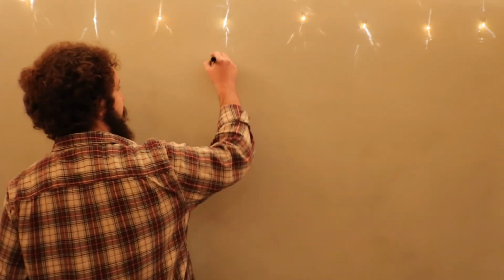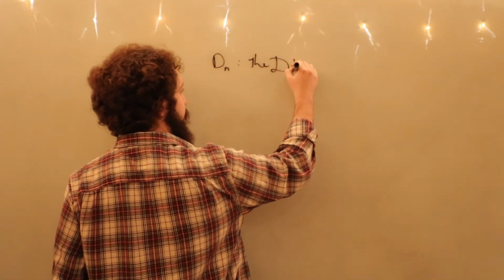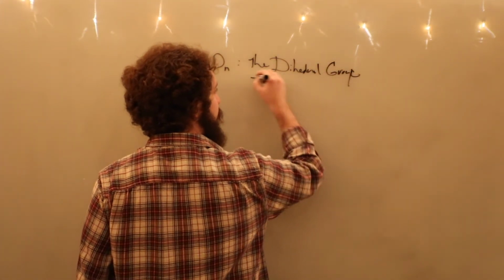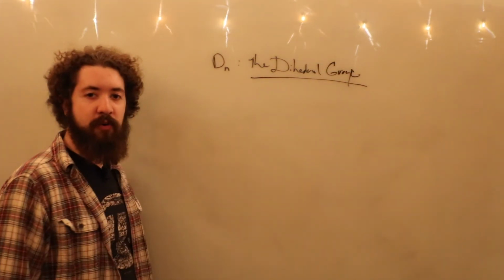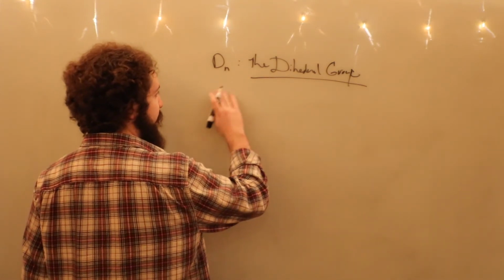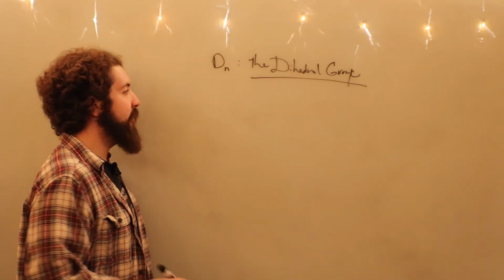So now, as our final example in our series on elementary group theory, I give you the dihedral group, Dn. And what is this going to be? This is simply going to be the group of symmetries for a regular n-gon in the plane.